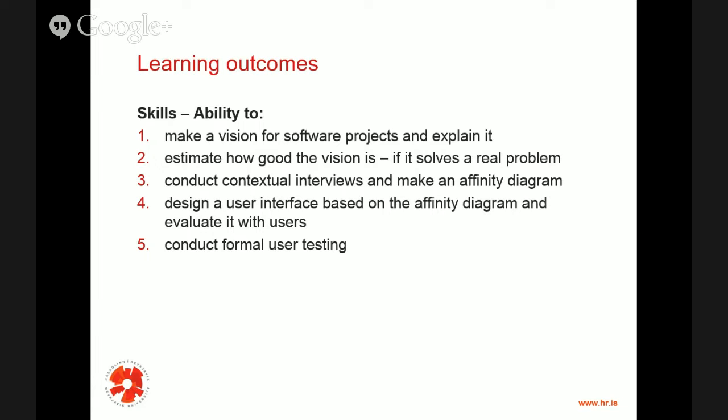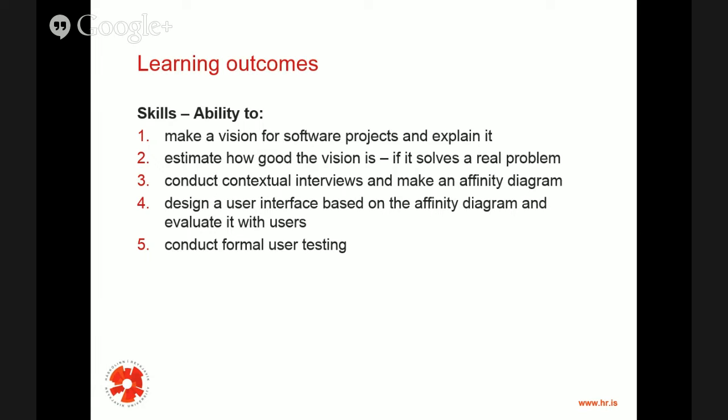The learning outcomes here are 5, as I said. So the first is to be able to make a vision for software projects and explain the vision. And you did that in one of the assignments, and these are the things that we focused on in the group assignments.